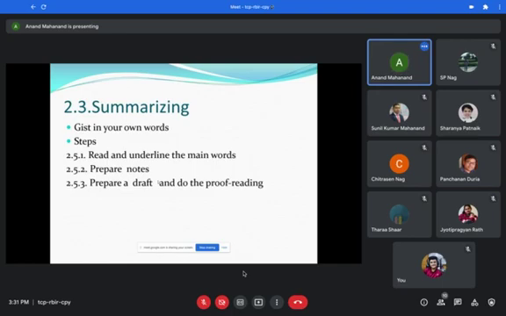Okay, there might be mistakes and all, so you edit it, and that will be the final summary. So never submit any assignment, any answer script without reading it. Okay, because I always tell my students, no writing is final. Don't say that it is the final.